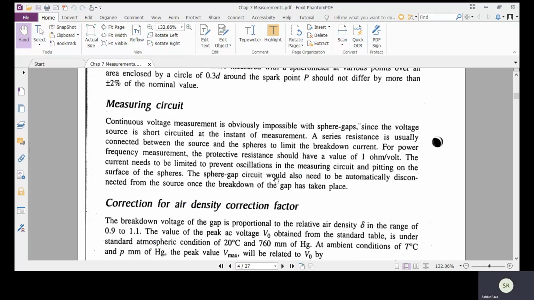The sphere gap circuit would also need to be automatically disconnected from the source once the breakdown of the gap has taken place. So all this is about the measuring circuit, the precautionary measures we have to follow while performing an experiment.